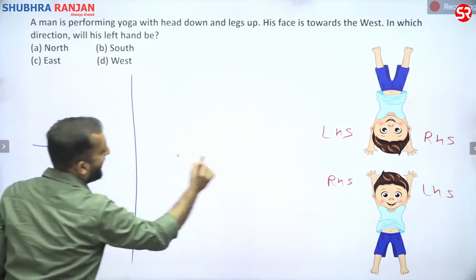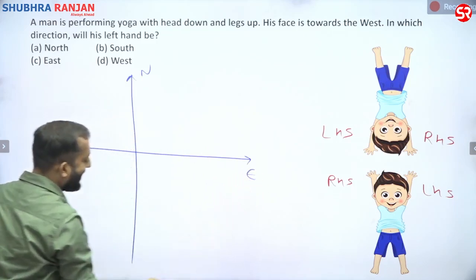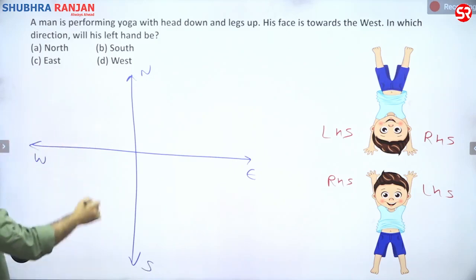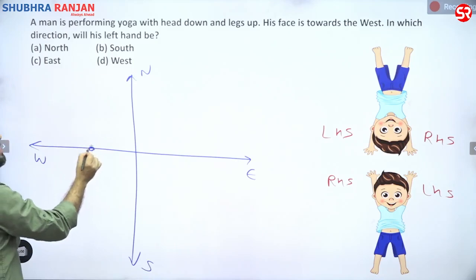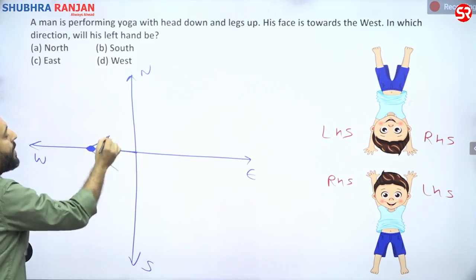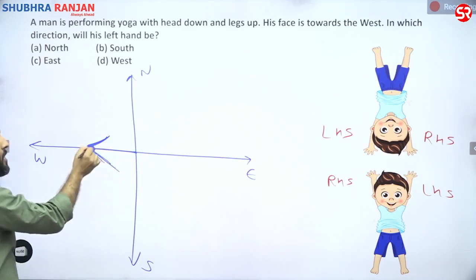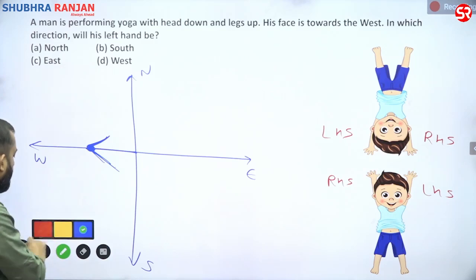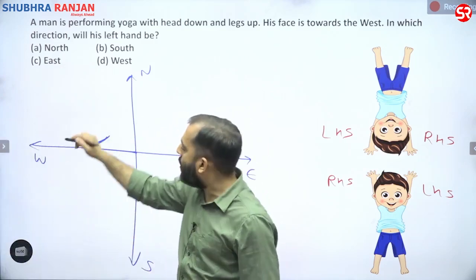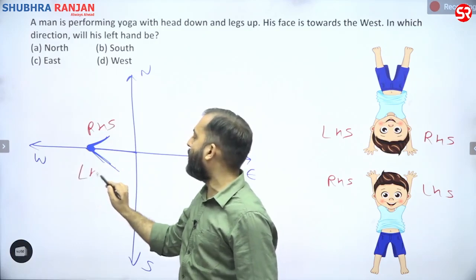Okay. Now, finally, north, east, south, west. The person was facing west direction. Now assume that the person is in the simple upright position and that person is facing west. Assume yourself that you are standing at this point here and you are facing west. Then this is your right hand side and this one is your left hand side.